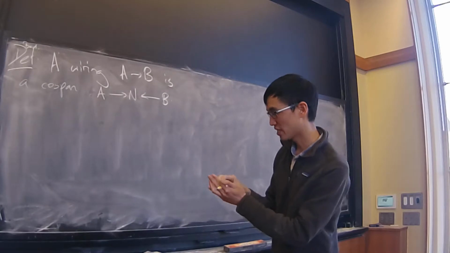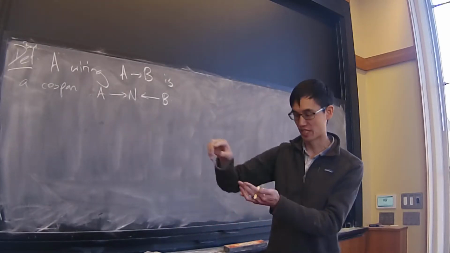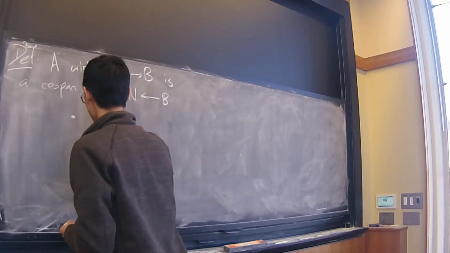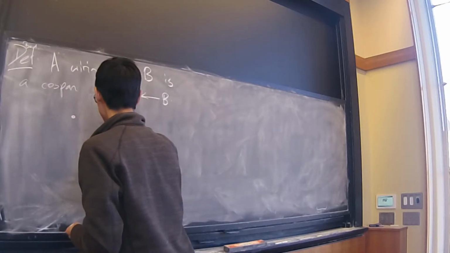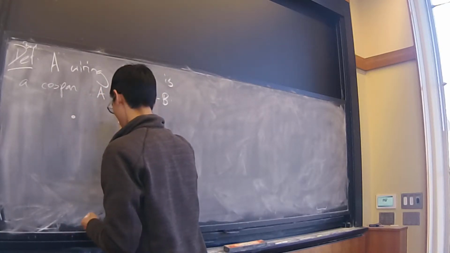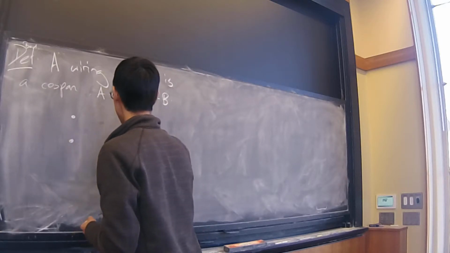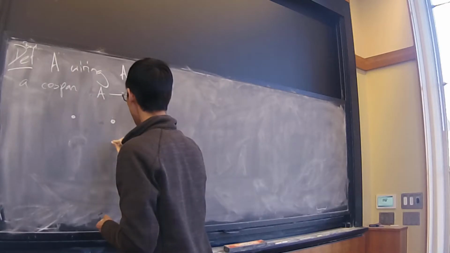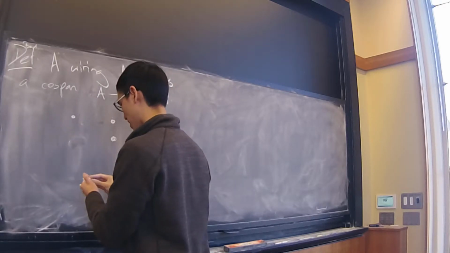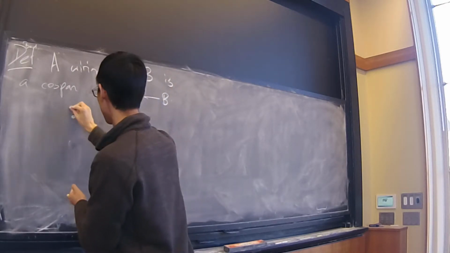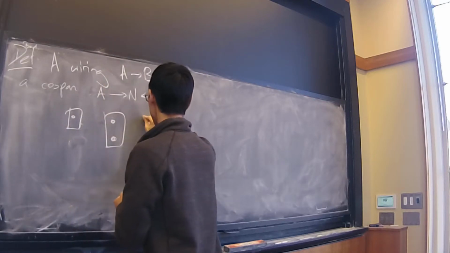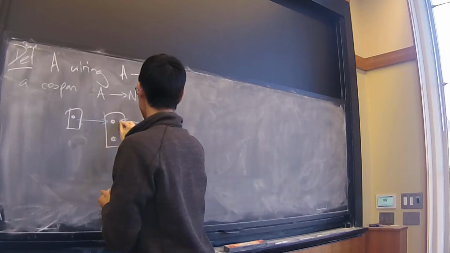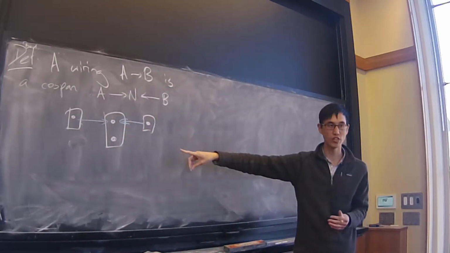This does not quite capture that, because of this cospan. So what was the rule for turning a wiring into a cospan?